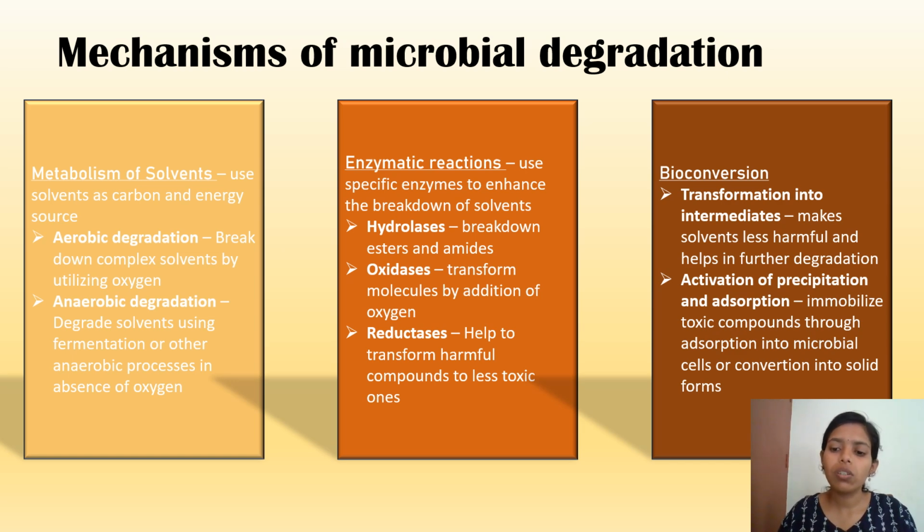In transformation into intermediates, these solvents are converted into some intermediates of a metabolic pathway, which helps in their degradation. In precipitation and adsorption, the toxic compounds are immobilized through adsorption into microbial cells, or converted into some solid forms which are not toxic in the environment.